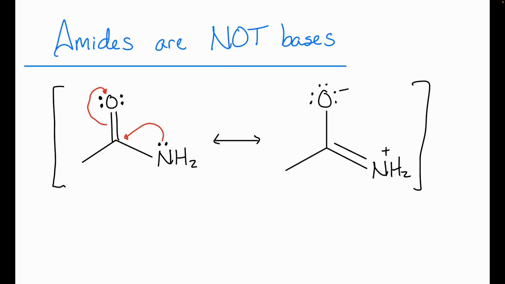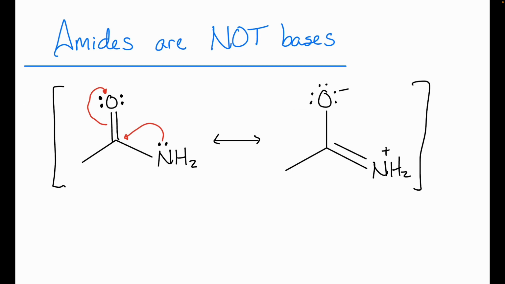When we do resonance, especially when we're drawing in our electron pushing arrows, we're making it seem like these electrons are kind of moving back and forth, like maybe it bounces over here for a bit and then goes back over here for a bit. But remember, with resonance structures, both of these are true at the same time. This is definitely the less stable of the two resonance contributors, but just because it's unstable doesn't mean that it doesn't matter.